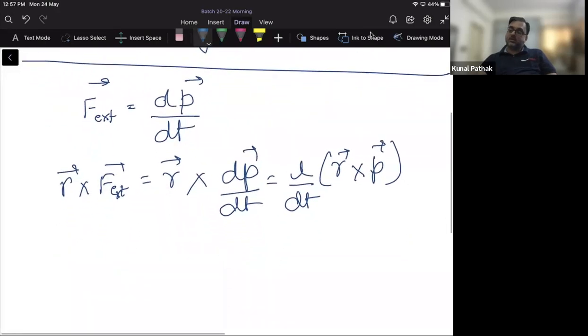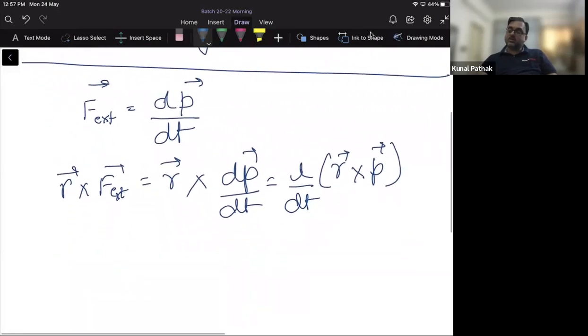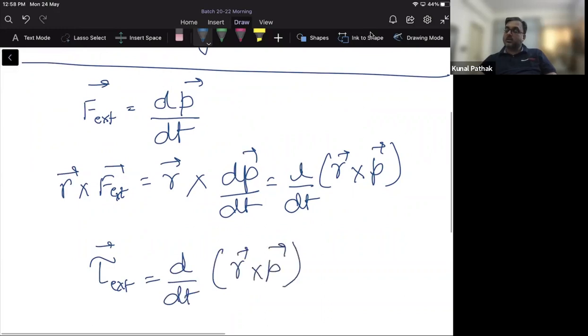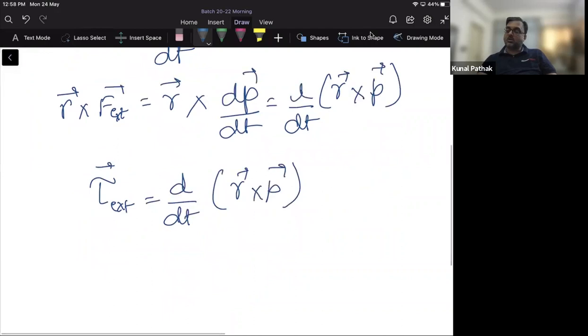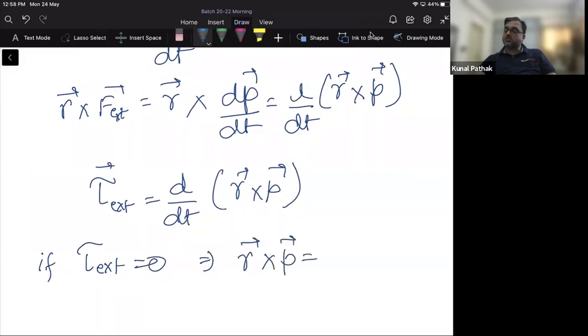And then I will say that R cross F external is nothing but the torque, and this must be equal to d by dt of R cross P. And then I will say that if the external torque on a system is zero, then this quantity R cross P must be constant.